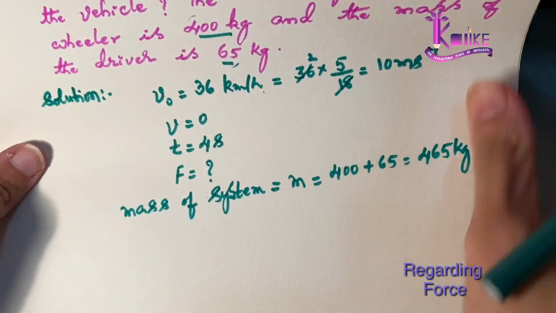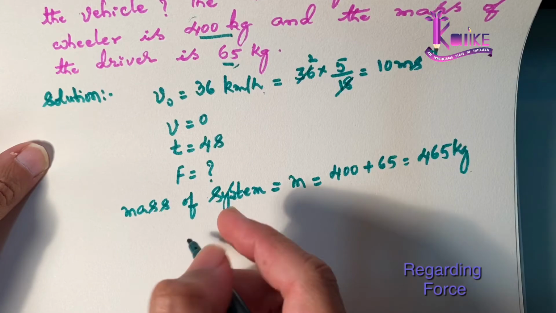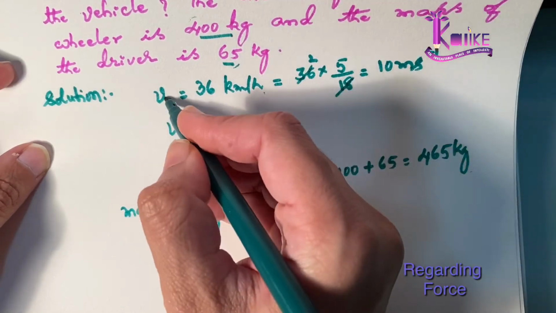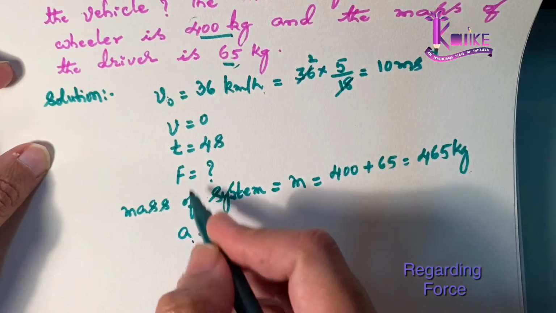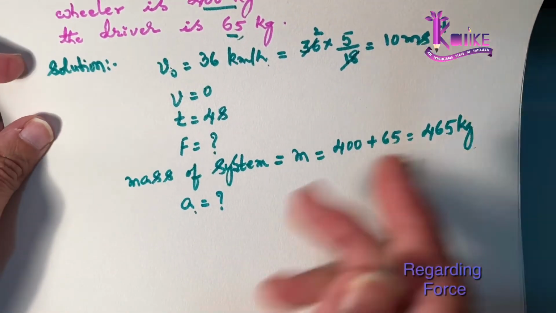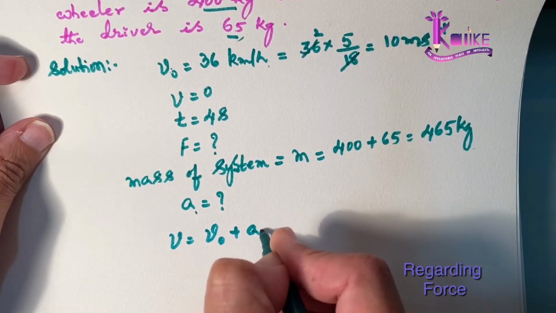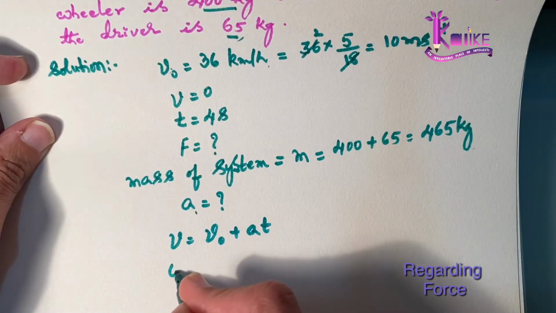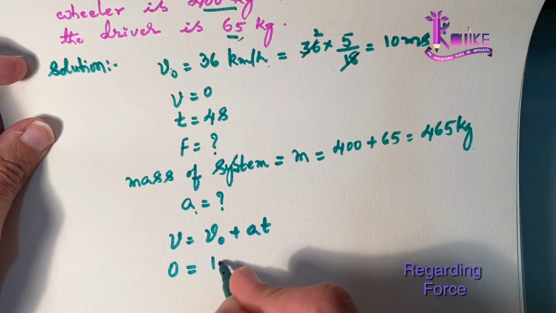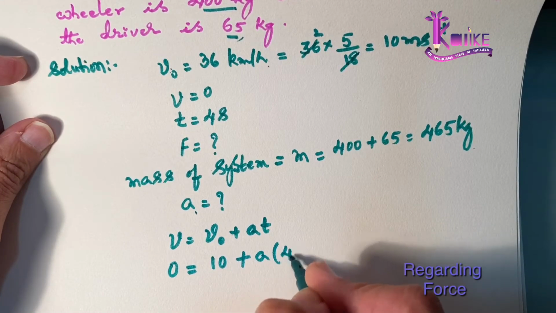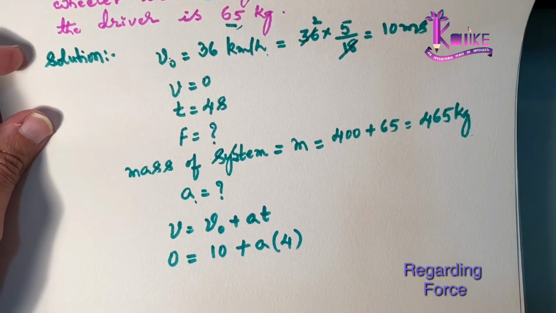So do you know the acceleration? No, acceleration is unknown. So you have v naught, v, and t, and a is unknown. So you can use this equation of motion, v is equal to v naught plus at, to find out a. v is 0, v naught is 10, a is unknown, time is 4 seconds, right?